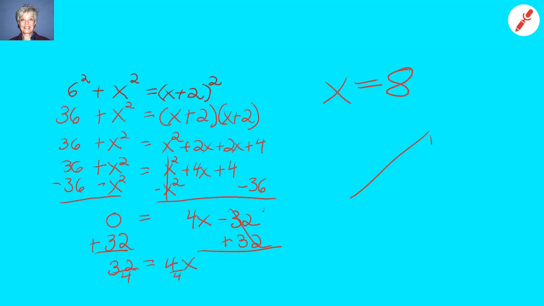Recall that our triangle looked like this: x, 6, and x plus 2. That means this side is going to be 8, and this side is going to be 10, and I forget whether we were using inches or feet or centimeters or just units. So you can look back and see.